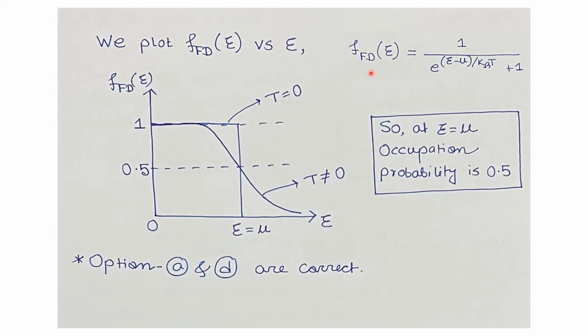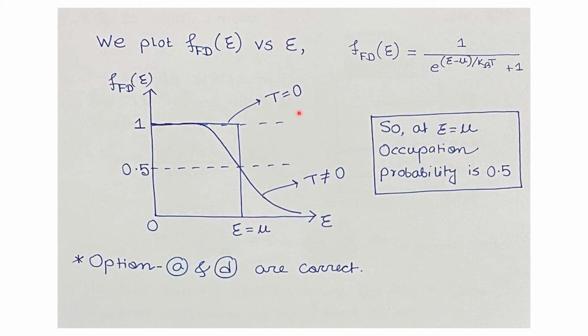We have already seen the distribution function for a fermionic system, which is also known as the occupation probability of the fermions, is given by 1 by e to the power (E minus mu) by kBT plus 1. If we plot this occupation probability as a function of energy, then it will be a step function for temperature equal to 0 Kelvin.